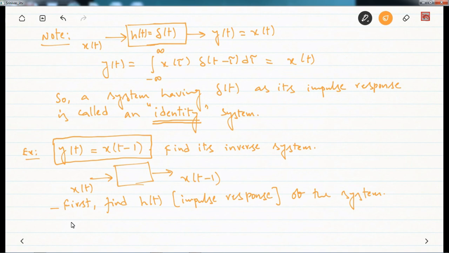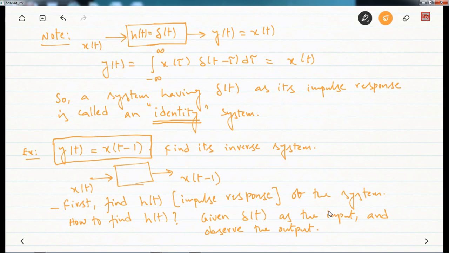So how to find h of t? Give delta of t as the input, and observe the output, right?